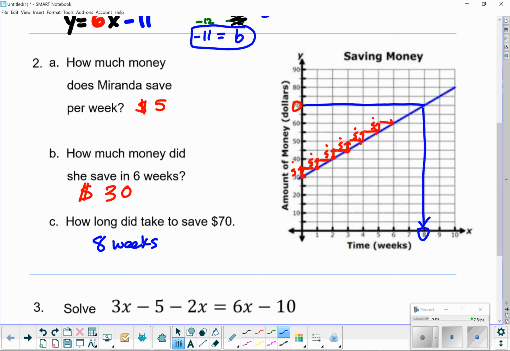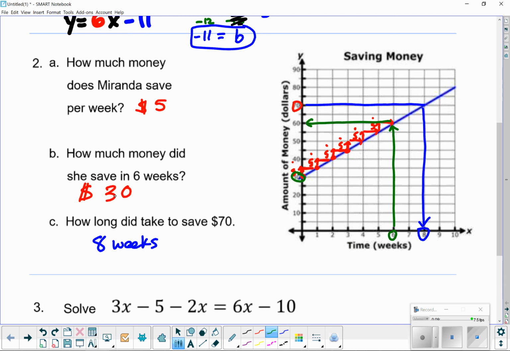Okay. So now that I'm talking about that, I'm thinking that we're on part B, we're just looking at 6 weeks. She saves $5 additional every week, but I didn't talk about how she started off with $30 already. So if we're just looking at 6 weeks, which is right here, she actually saves $60, because she started off with 30 already.